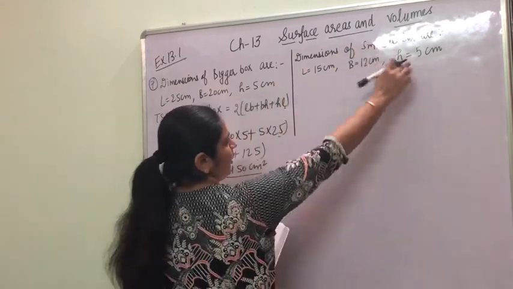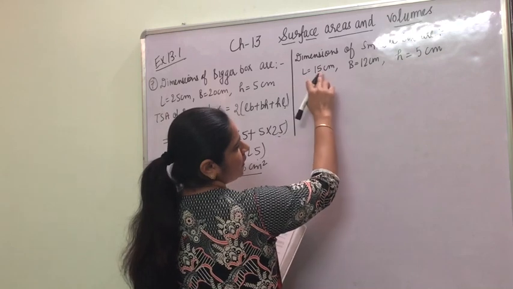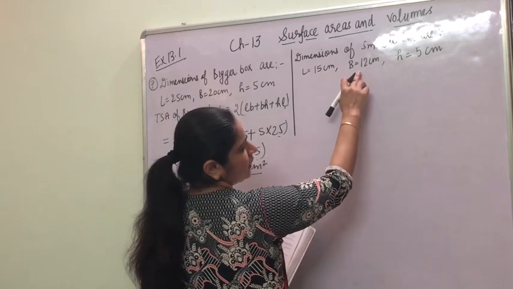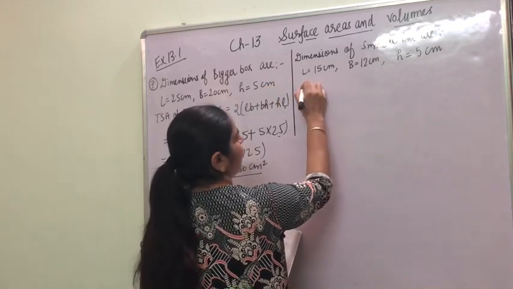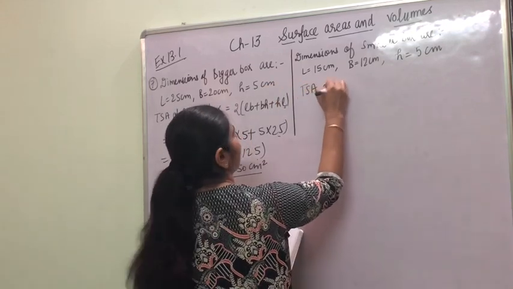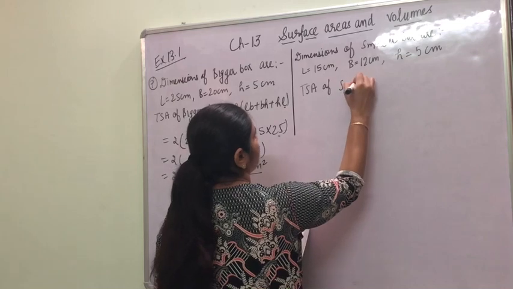Here dimensions given for the smaller box are length 15 centimeter, breadth 12 centimeter and height 5 centimeter. Again we are applying the formula of TSA, total surface area of smaller box.